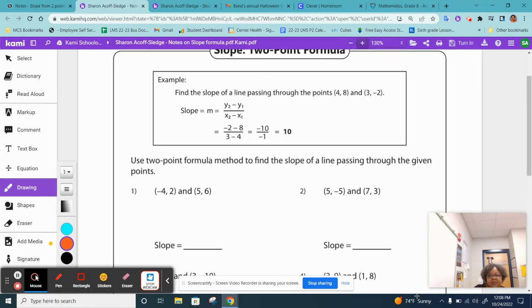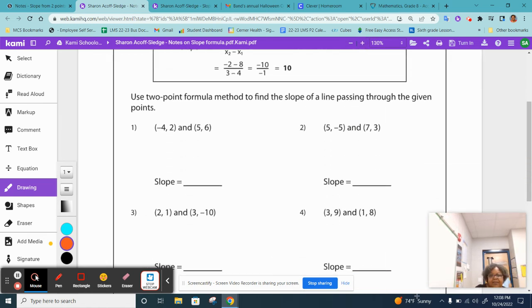Okay, we did this one. We already did that one in the example. So let's do this one. Okay, so we want to label our points X and Y, X and Y. And again, we also want to draw our arrows. So I'm going to go Y to Y and X to X. So that lets me know which two numbers to put together.